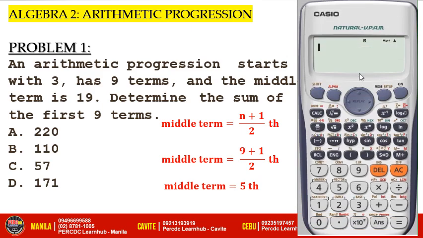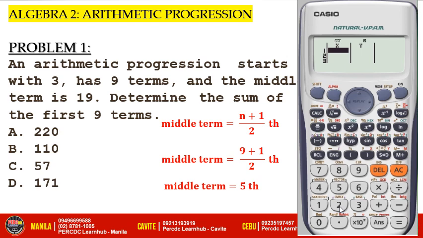So, gamit ang calculator, pag arithmetic progression, ano nga yung gagamitin natin? Yung gagamitin natin dito ay mode, and then hanapin natin yung stat. Punta tayo sa stat 3, and then a plus bx po pag arithmetic progression. So, mode 3, 2. Okay?